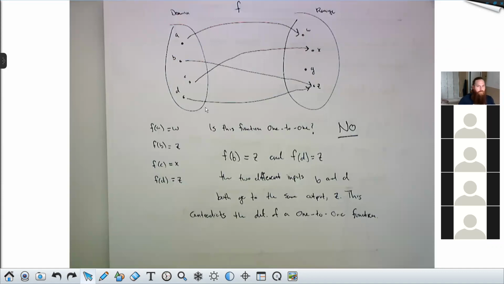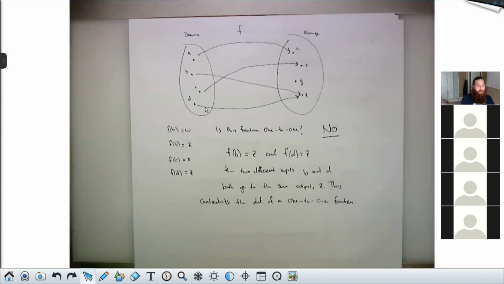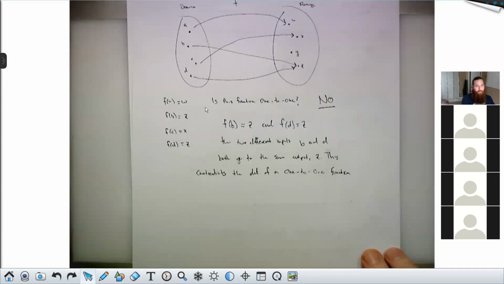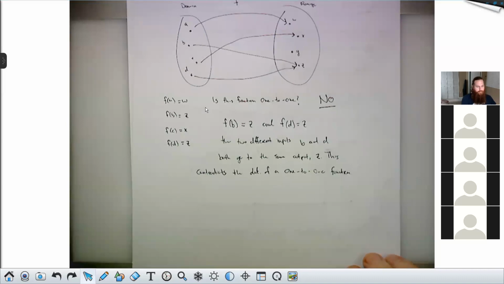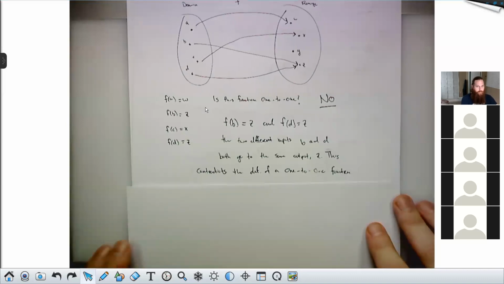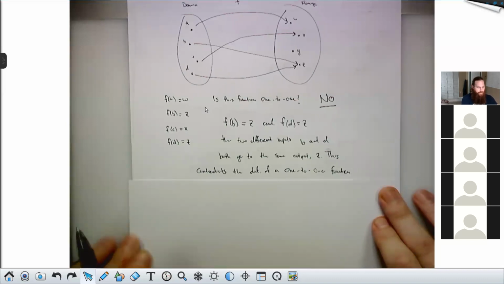Well, let me draw another image like this, to which the answer is yes, this is one-to-one. All right. I'll start drawing down here for anybody who's still writing up there.